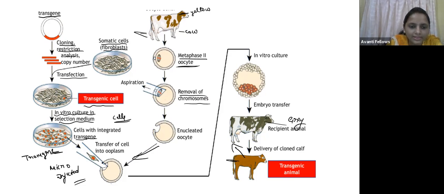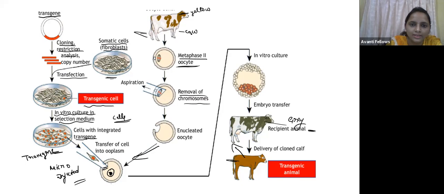Then they inject the cells from this fibroblast culture. After this injection, it now has a nucleus, a cell with the nucleus which has the modified gene. Then they inject this into the oocyte of the recipient animal.